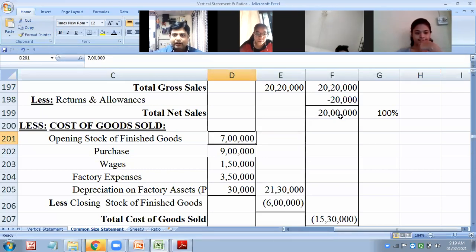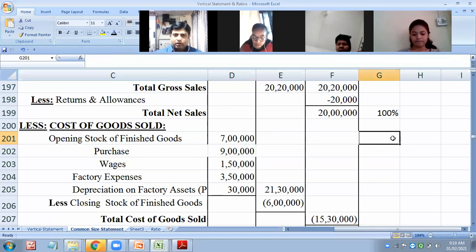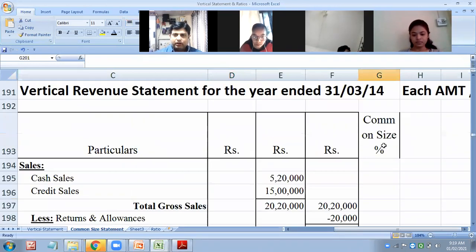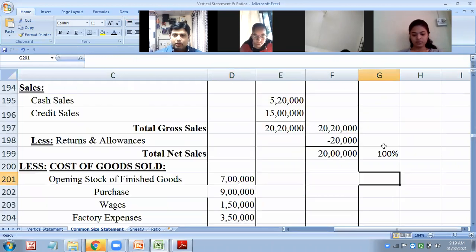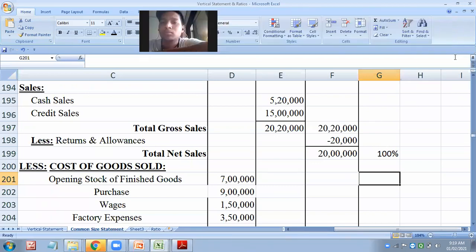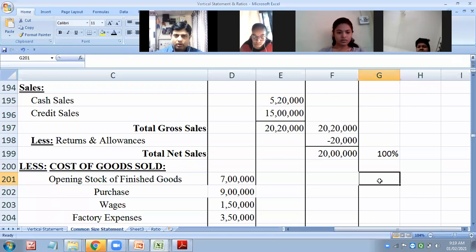So 7 lakh divided by 20 lakhs into 100. How much are you getting? Tell me. 7 lakh divided by 20 lakhs into 100. How much are you getting? 3.5%.